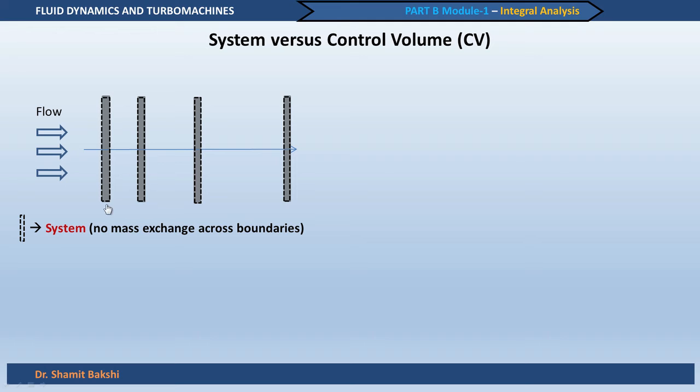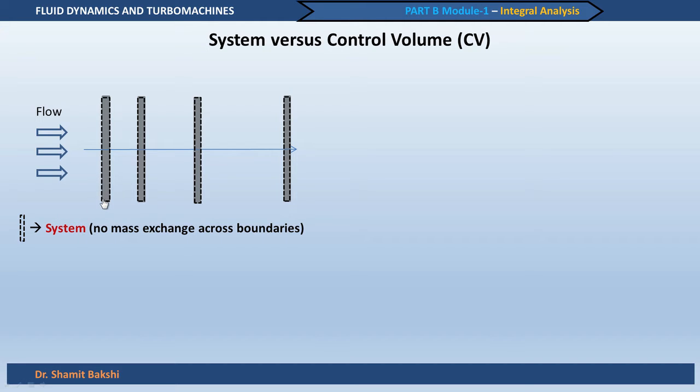So, that means kinetic energy is imparted by the flow to the plate. The plate, which is defined as the system here, is actually receiving kinetic energy from the flow and accelerating. So, there is an energy exchange across the system boundary, but there is no mass exchange.